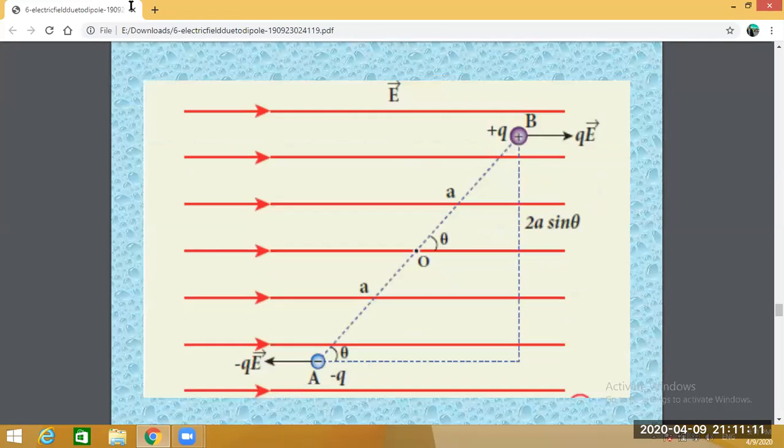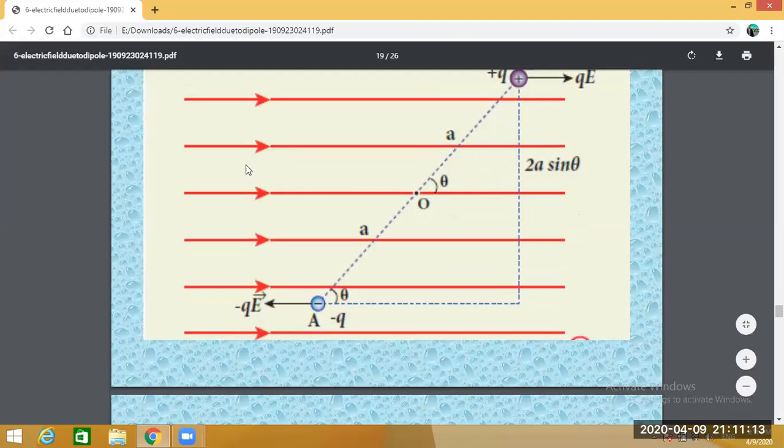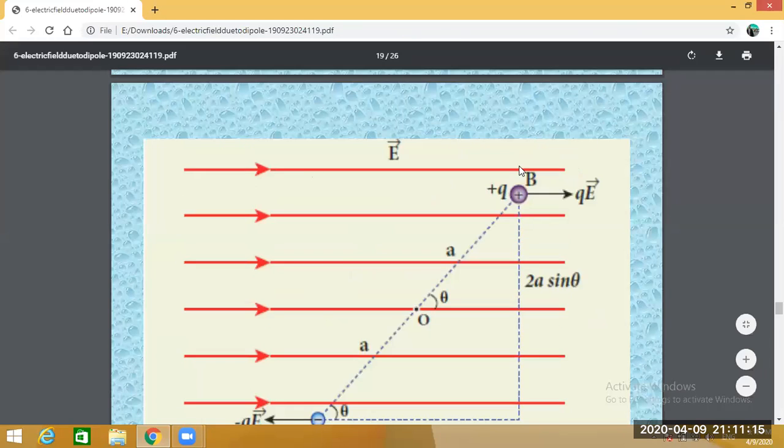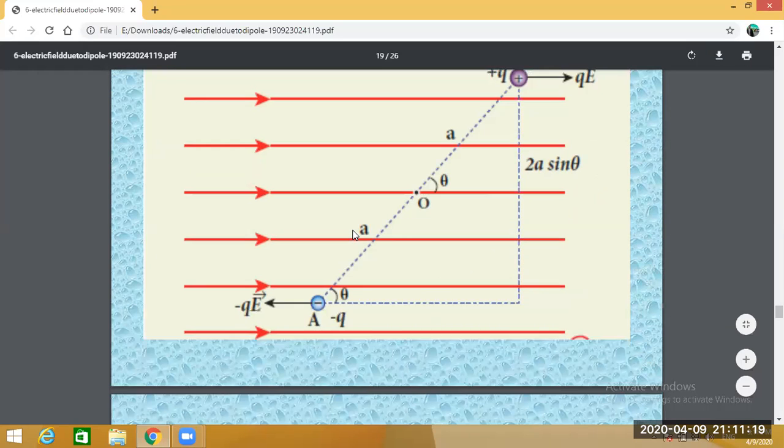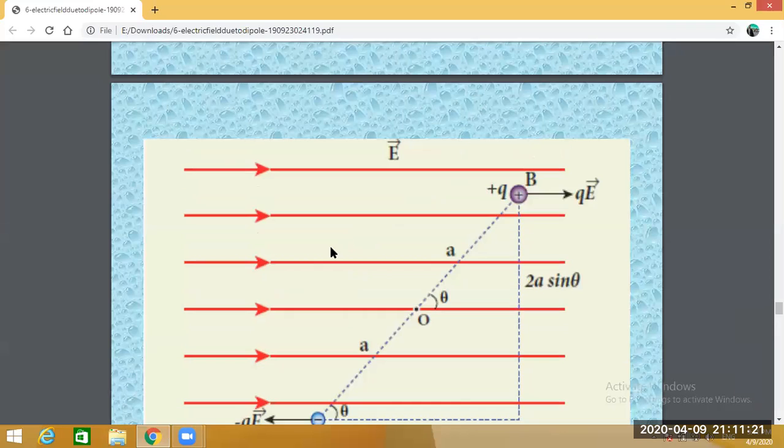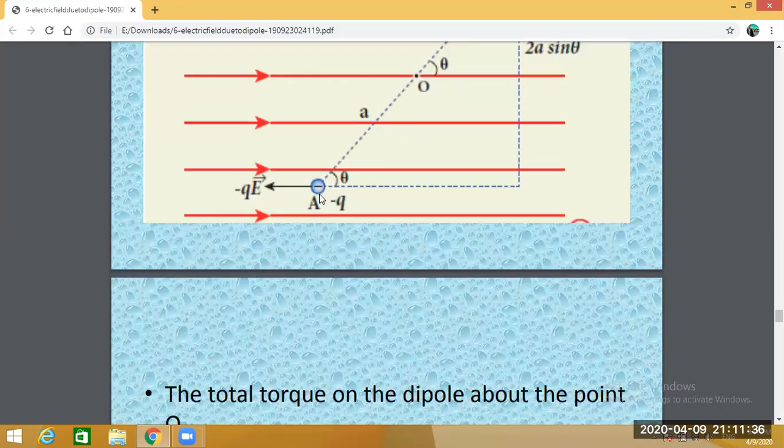Look at this. This red line indicates a uniform electric field, uniform because each line is equally spaced from the others, and this uniform electric field will have magnitude capital E. Here, charge plus Q will experience a force in this direction, and on the other hand, the negative charge minus Q at A will experience a force minus QE in this direction.